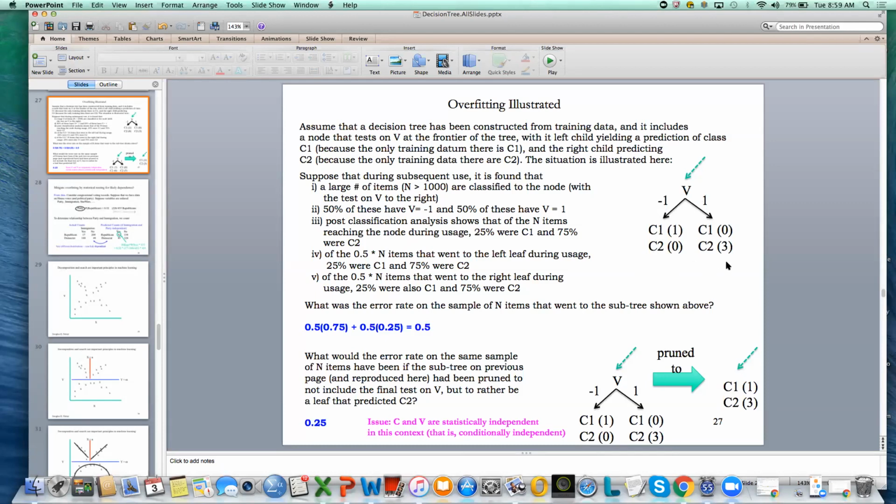Of the training data that percolated down this tree, 3 instances were associated with a value of 1 for V, and they were all members of C2.